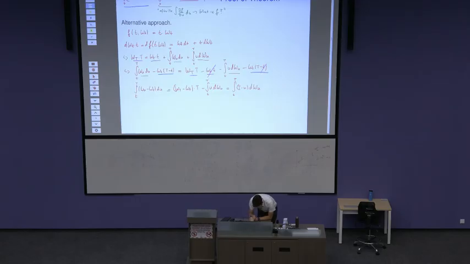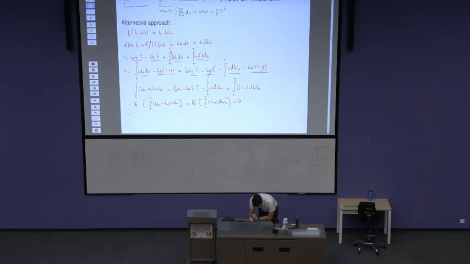So you get expected value of the object on the left-hand side. It's just the expected value of the object on the right-hand side, which is 0, because this is a martingale.